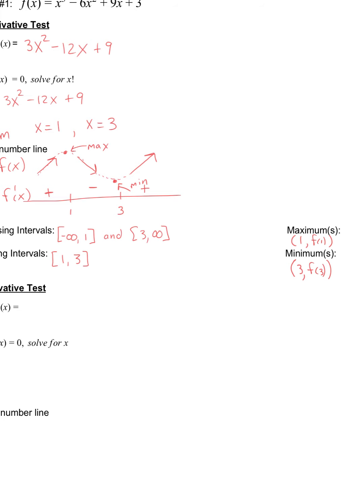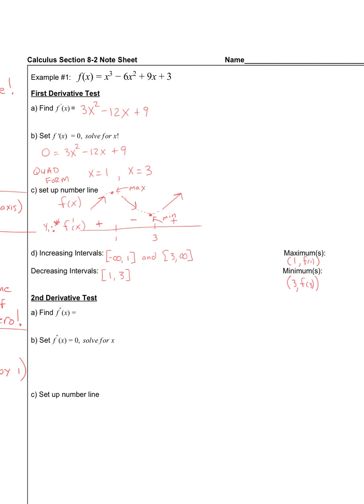So again, plug into y equals the original function and find the y values. When I did that, I had a maximum at (1, 7), and I had a minimum at (3, 3). Again, that is all the information that our first derivative will tell us about the original function.